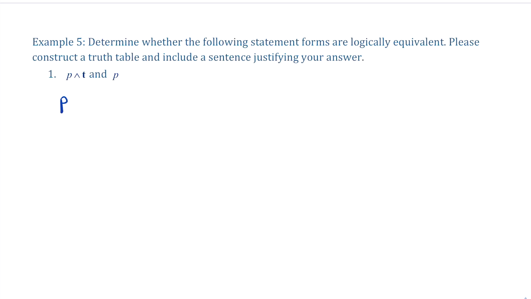We're only looking at whether P is true or whether P is false. So we have P, and then our tautology T. And we want to see if we've got logical equivalence between the conjunction of P and T and P alone.